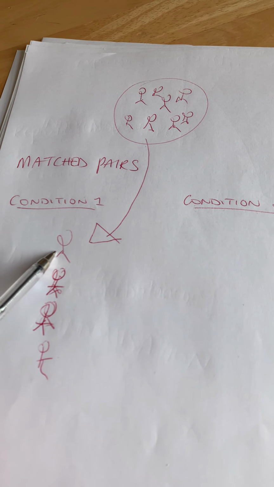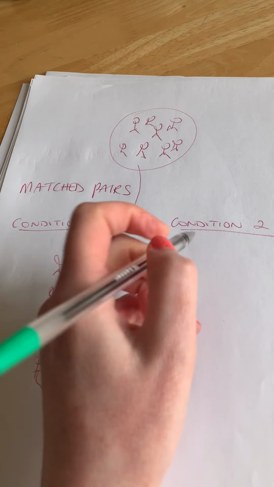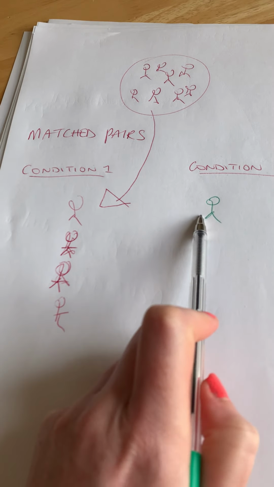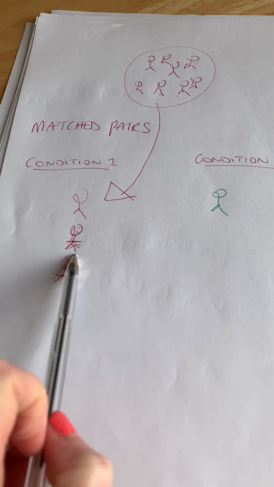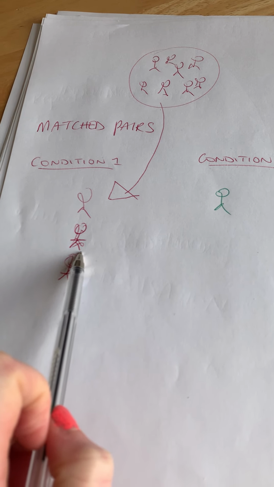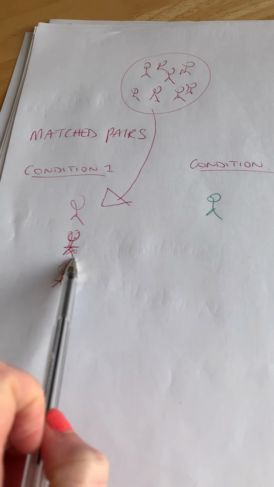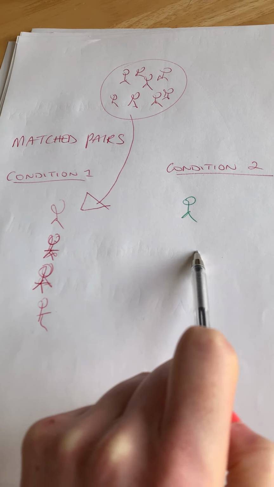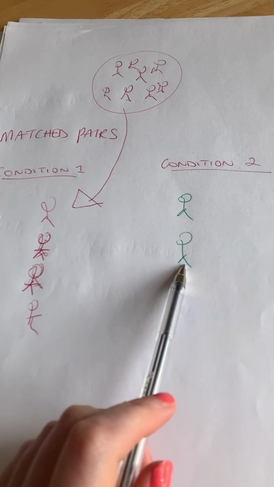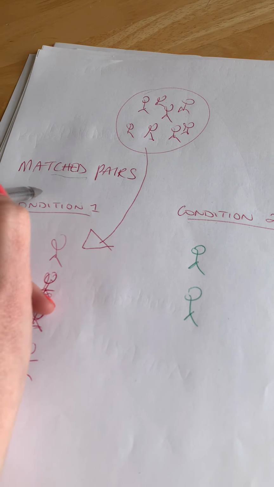Then we will want to recruit a participant for condition 2 that matches them and is somebody who never drinks coffee. If we find that somebody else in our original sample is a big coffee drinker and drinks 10 cups of coffee a day, we will want to recruit a participant for our second condition who is someone who drinks 10 cups of coffee a day. So that's what we mean by matched pairs.